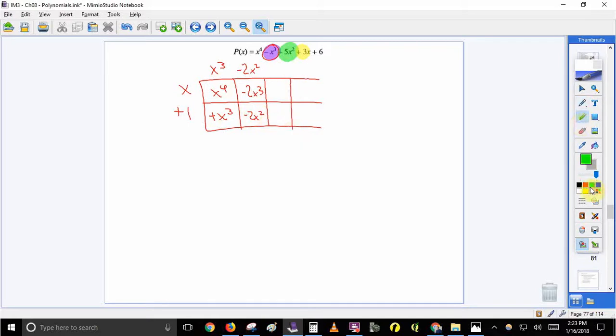And I'm getting lazy here with the colors. Those two have to add up to our negative 5x, so this has to be negative 3x squared minus 3x minus 3x.